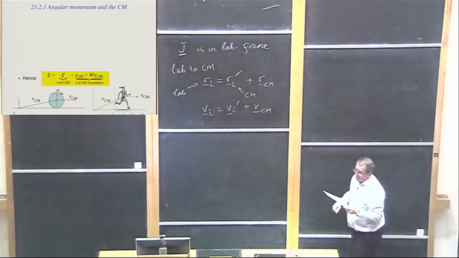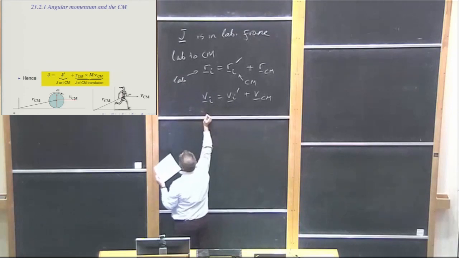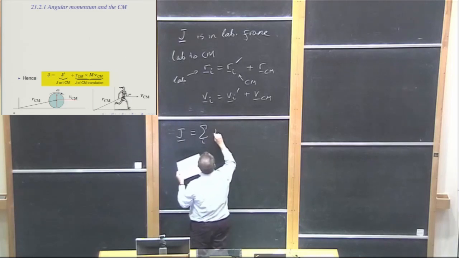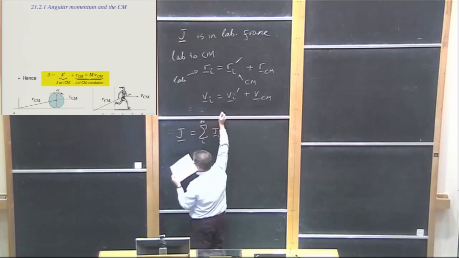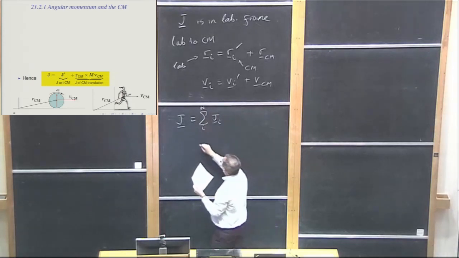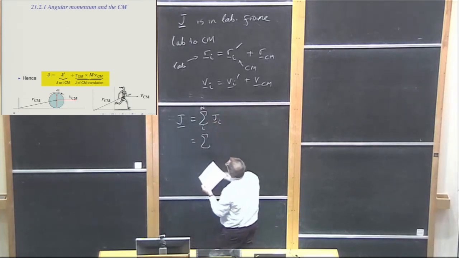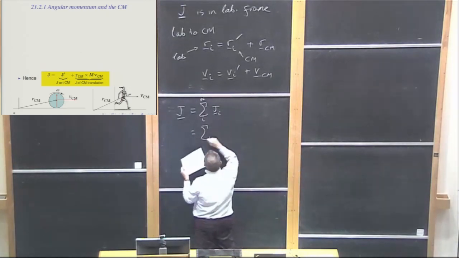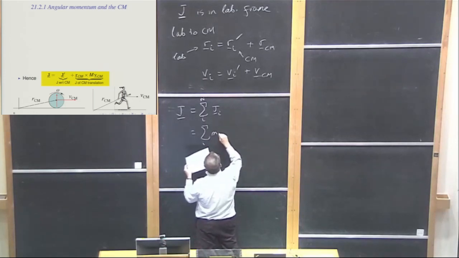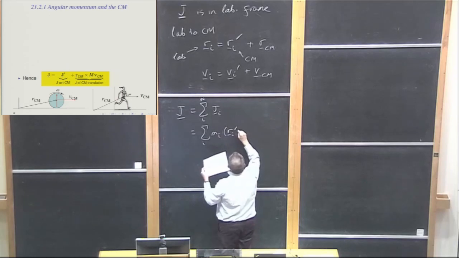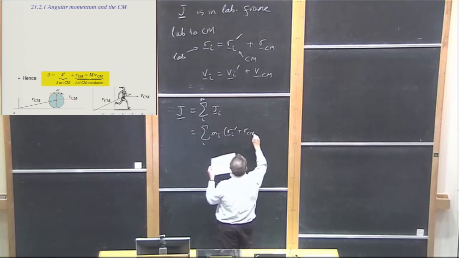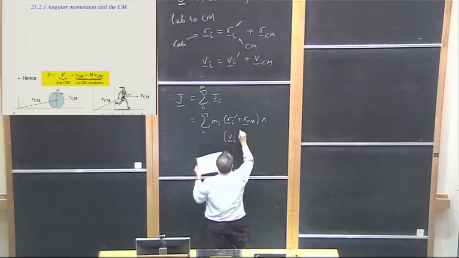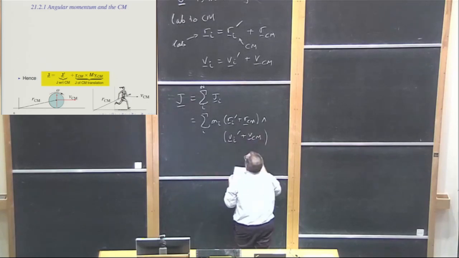So what is the total angular momentum of the system? J will be the sum over all the contributing Ji's for up to n particles, and Ji is Ri cross Pi, so just substituting this in, we get Mi (Ri prime plus R centre of mass) crossed with (Vi prime plus V centre of mass).